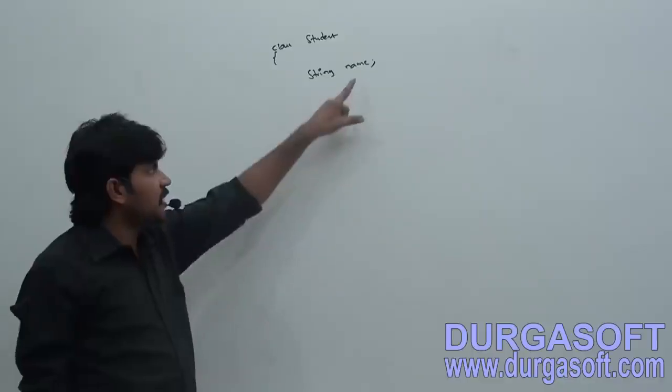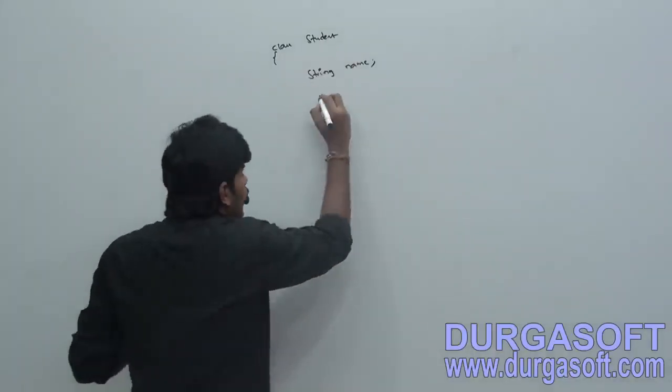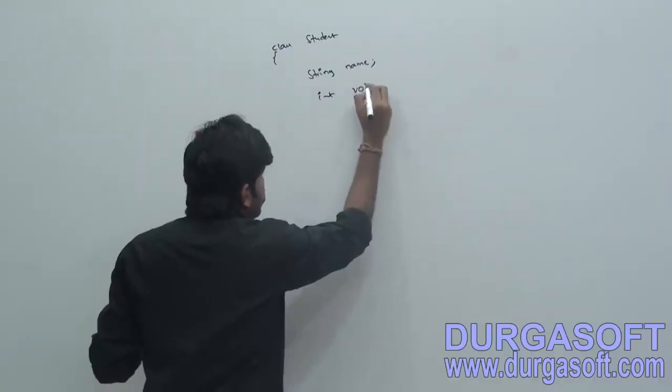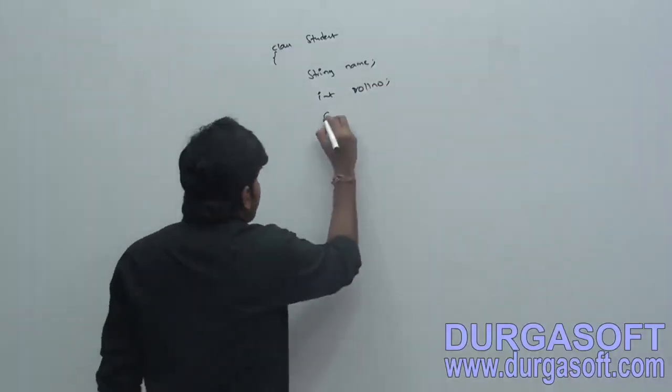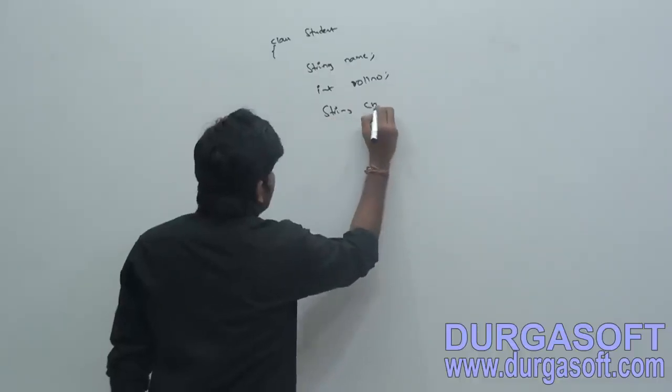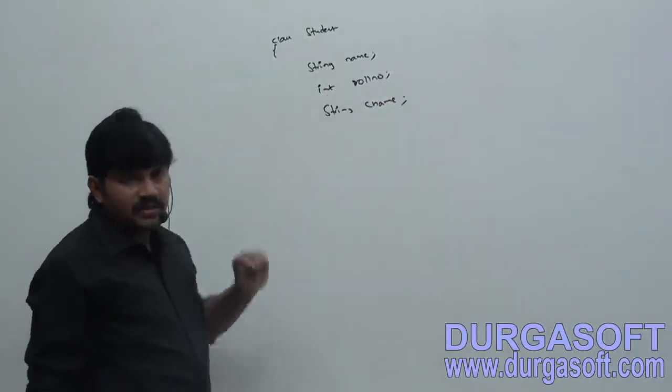String name is the name of the student, and int roll number. For every student, name and roll number is there. For every student, college name is also there: String college name. Name, roll number, college name are all there.